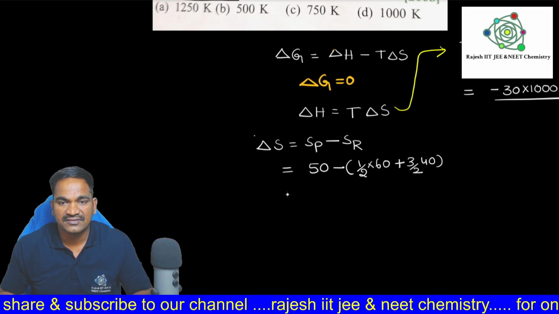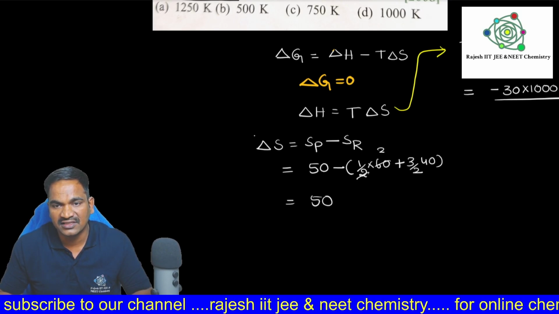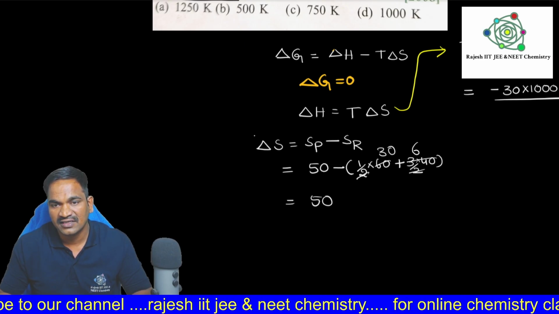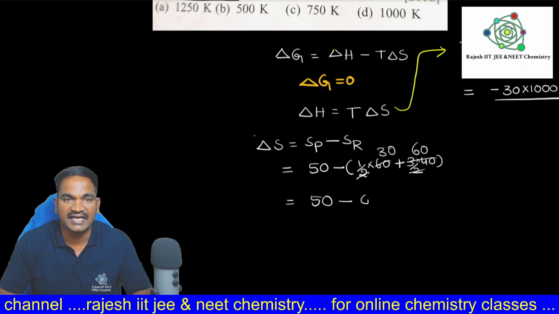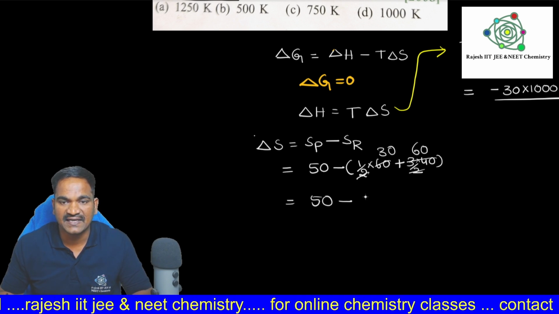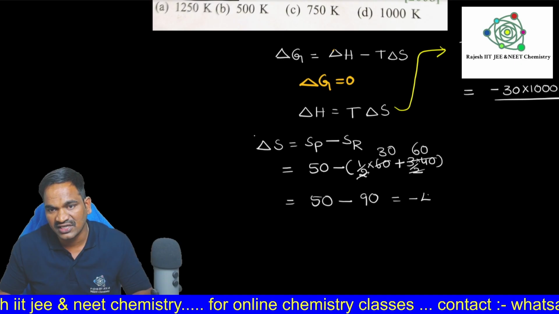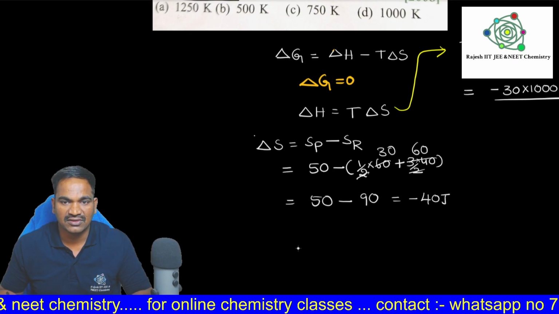Just now we can take it. Here you see, the 50 stays, here 30, and here 120 divided by 2 which gives 60. The total value is 50 minus 90 we will get. So 50 minus 90 means minus 40 joules.